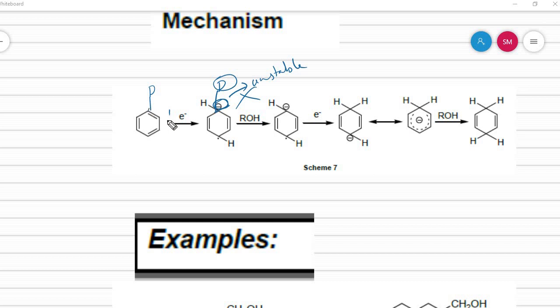The double bond break will be in another fashion, where the anion will be generated next to it. So now the double bond will break like this. Here a radical, here a radical, here a radical, here a radical. Now these two are going to form a bond, so it is going to form a system like this.